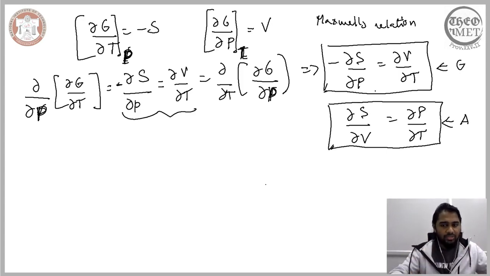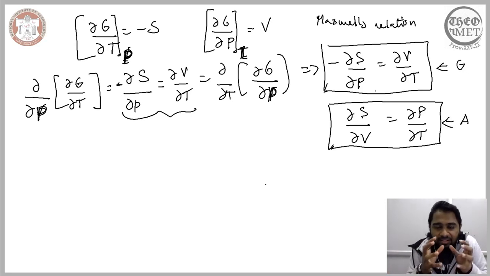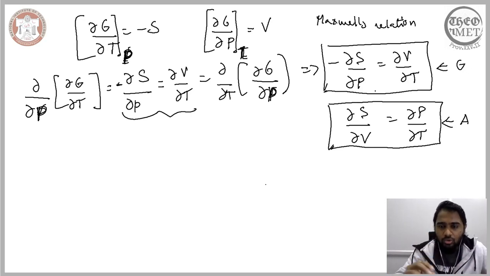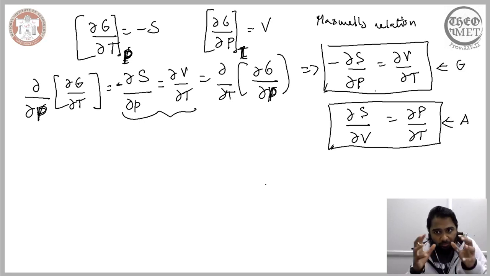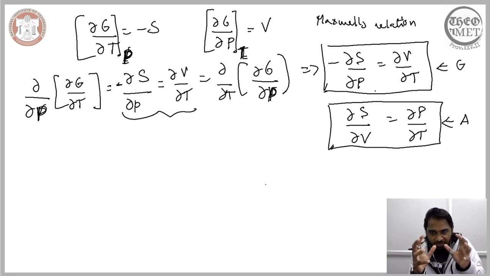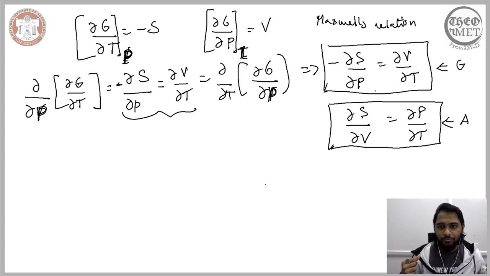In order to see if this relation does the job of removing the dependency on entropy, let us consider a thermodynamic function which is dependent on entropy. What we want to do is measure a thermodynamic function that is dependent on entropy without directly measuring it. We want to get rid of the dependency of a thermodynamic function on entropy, again, because entropy is not that straightforward to measure.